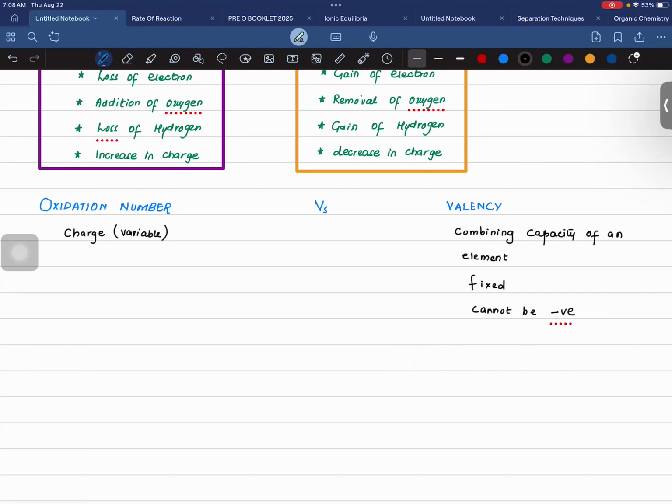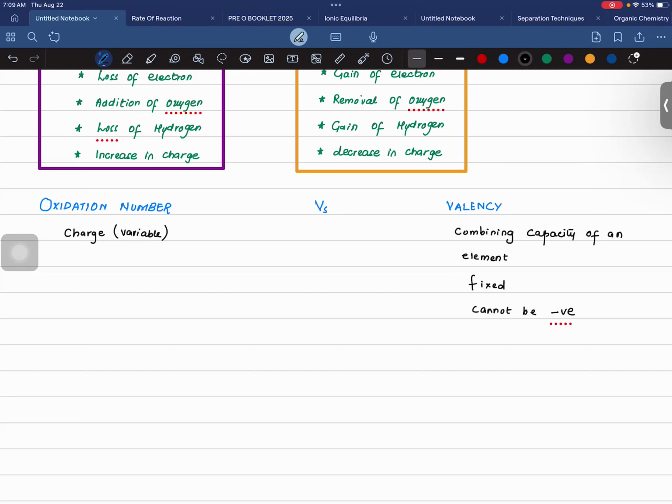If you remember from IGCSE or O levels, you used to discuss transition metals in the periodic table. What were the properties of transition metals? High melting point, high boiling point, high density, they form colored compounds, they have a variable charge, a variable oxidation number, and they can be used as catalysts.